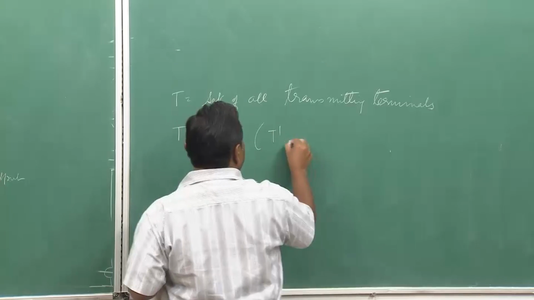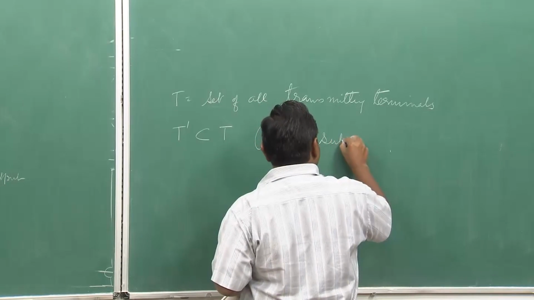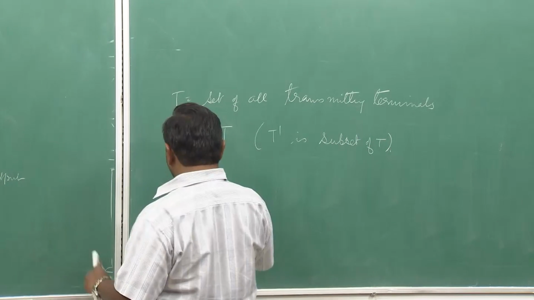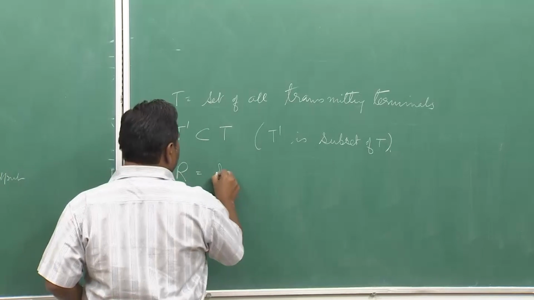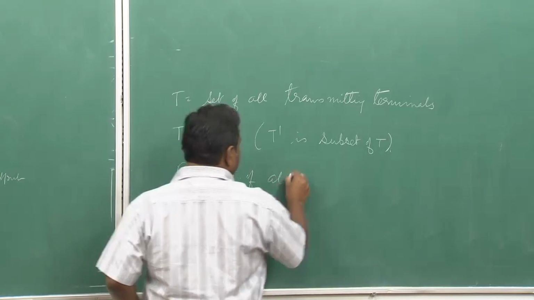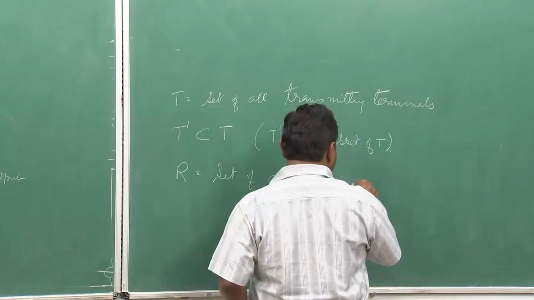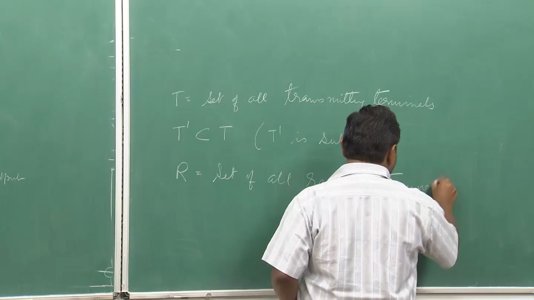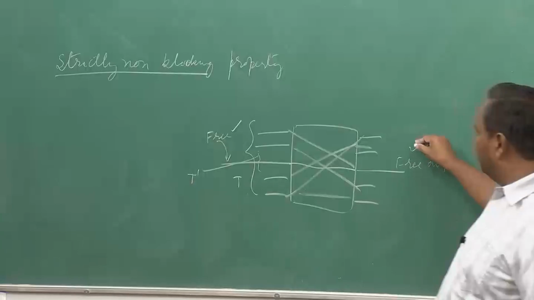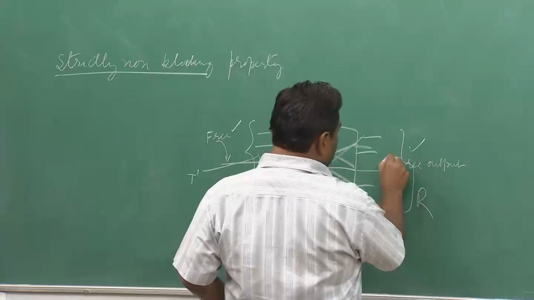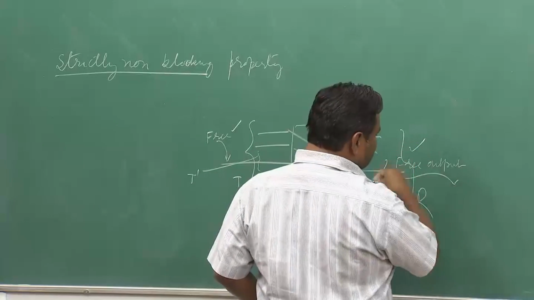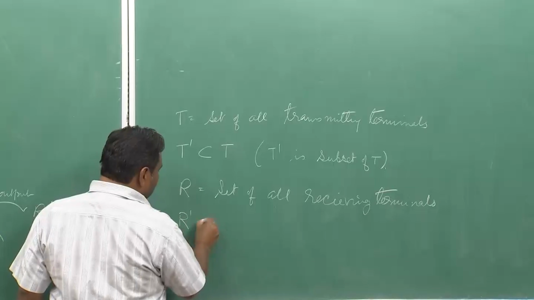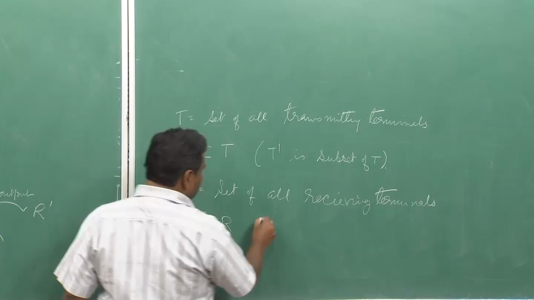So, I can write T prime is a subset of T. Then you have R, receiving terminals or ports. This corresponds to the output side, and whatever is not being used, any subset of this will be R prime. Okay. So, R prime is a subset of R.